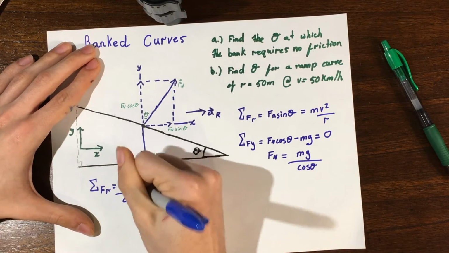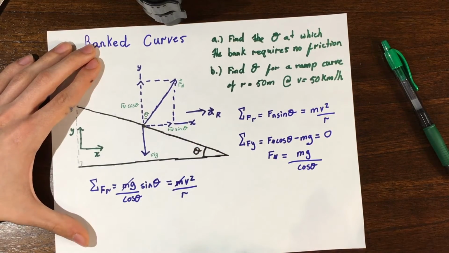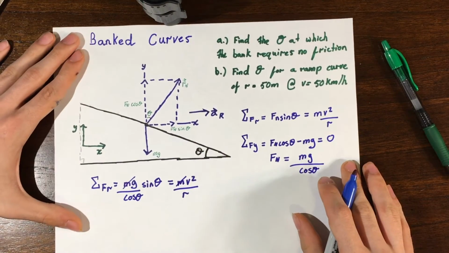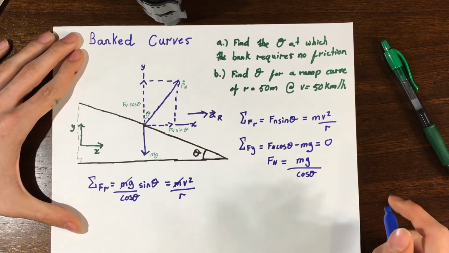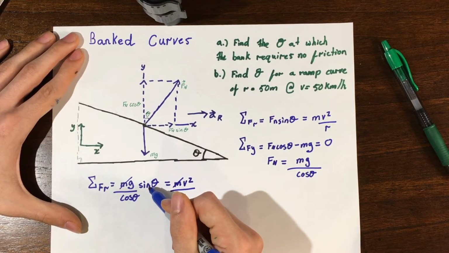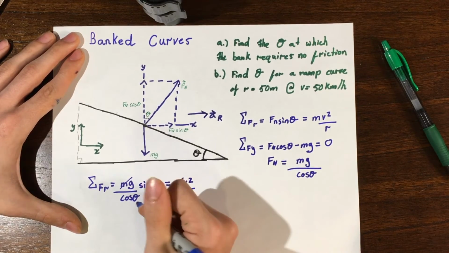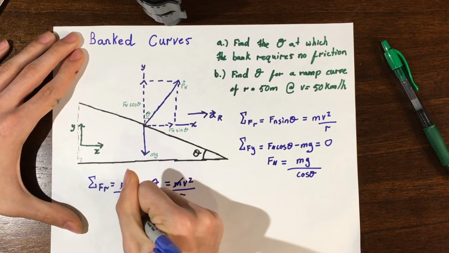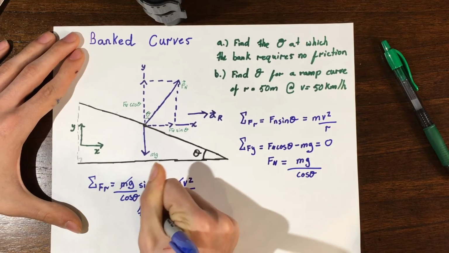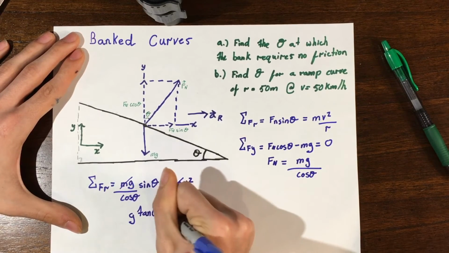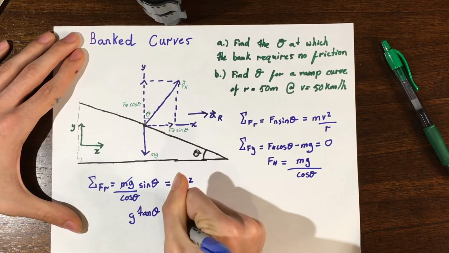Now we can eliminate the masses since they are on both sides of the equation, and we can simplify sine theta over cosine theta as tangent theta. So we have g tangent theta is equal to v squared over r.